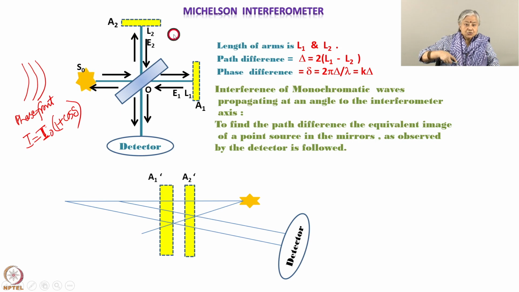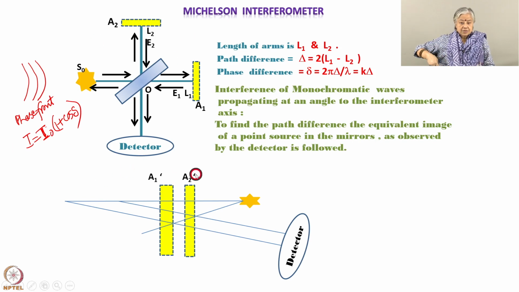So, the detector is looking at this mirror and at this mirror, through this and then through this. So, it is looking at the source image on this mirror and on this mirror. Okay, this detector can see the image on this mirror and on this mirror. So, that can be represented in the following way.